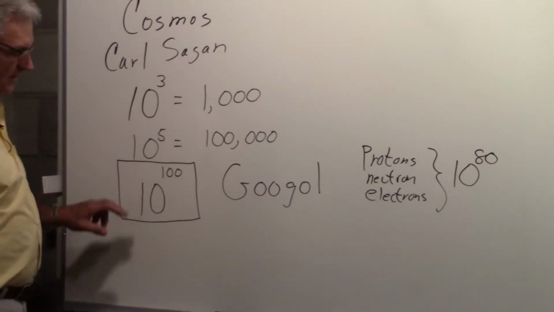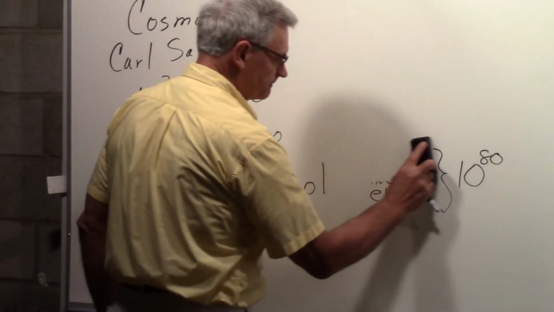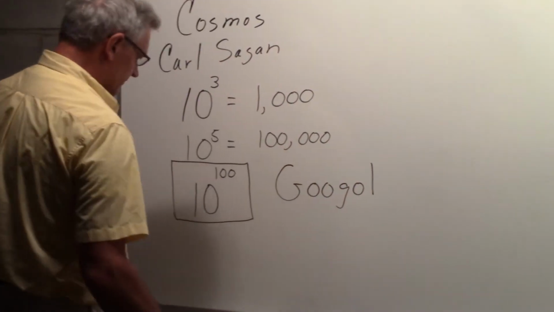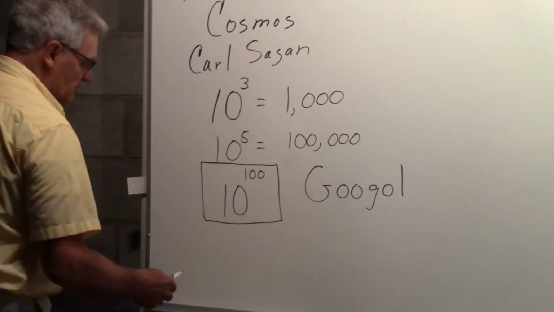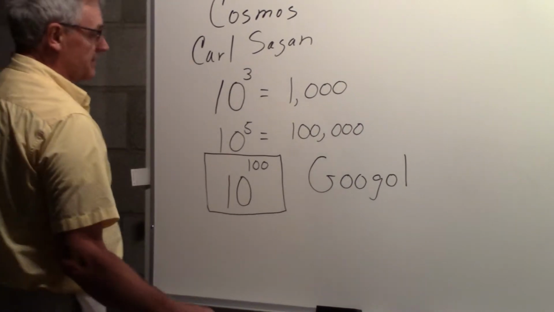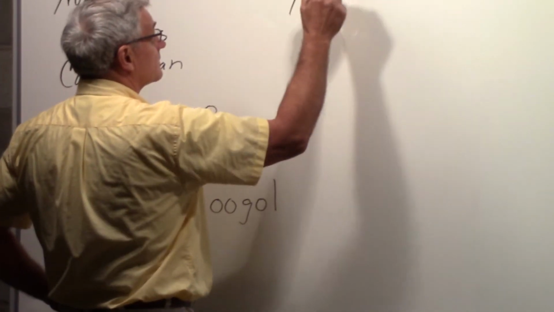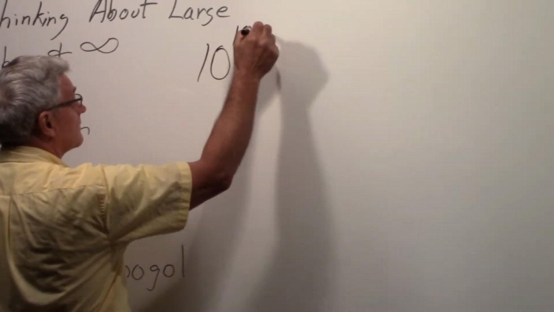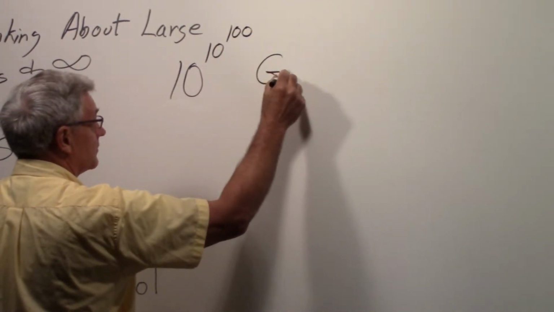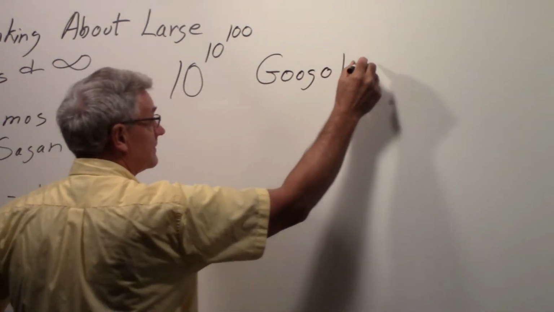So 10 to the 100th is a very large number. And then there is even a larger number that has a name, and that is 10 to the 10 to the 100th, and that is called a Googolplex.